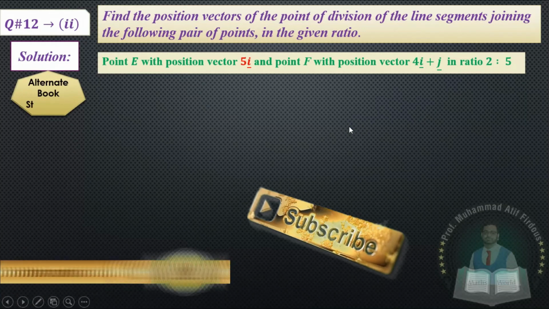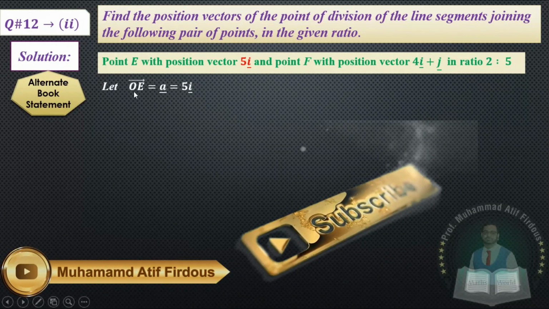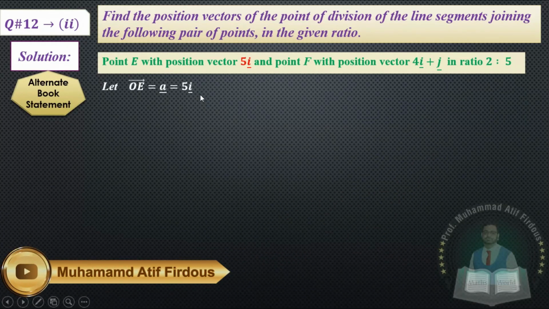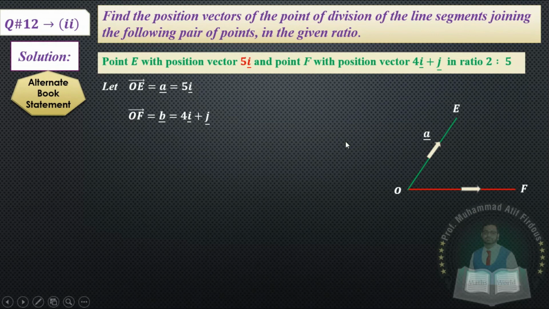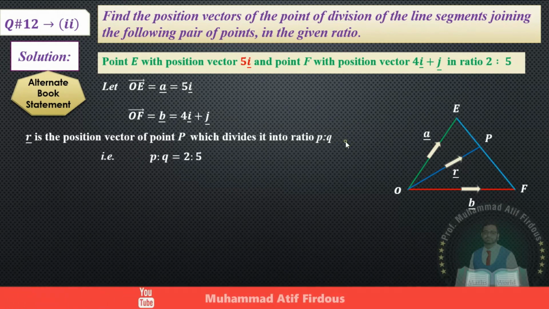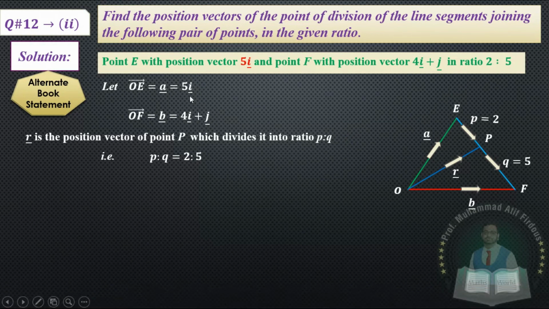So very simple way to solve this again, we suppose that OE is equal to vector A, again make a diagram, and then OF is equal to 4i plus j, having B. R is the position vector. We have the same ratio, P is equal to 2 and Q is equal to 5, just the difference is A is equal to 5i.